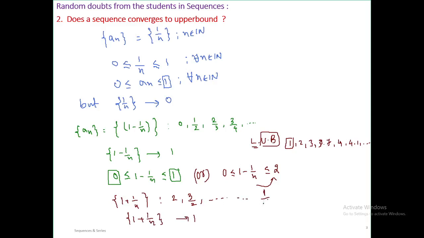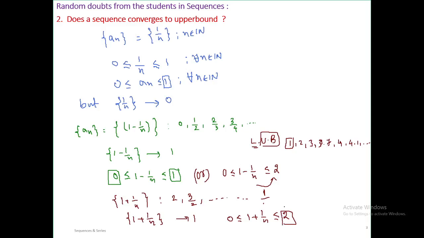So therefore this decreasing sequence, at the same time I can say that 1 plus 1 over n is always less than or equal to 2, and is always more than or equal to 0. So the upper bound is 2, but it doesn't mean that it is converging to 2. Okay, its upper bound is 2.